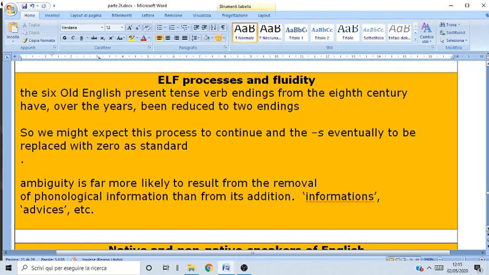So it's natural to expect that this process will continue. And when English is used as a lingua franca, it's quite natural to drop the S, to see this dropping of the S very often. And so we expect that a zero inflection, so no adding of endings at all, is going to become the standard.